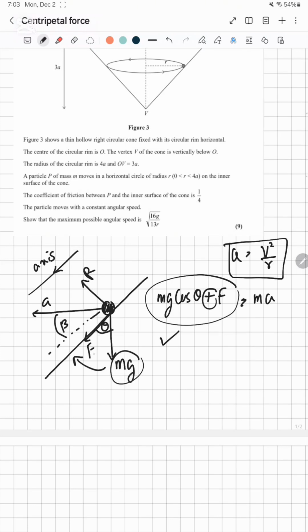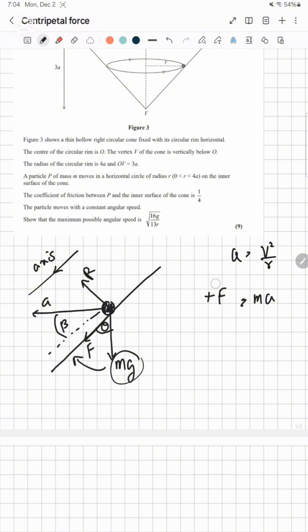If I took friction the other way, we would have to write minus, and we would have a smaller value. We can't do that since they asked for the maximum value.